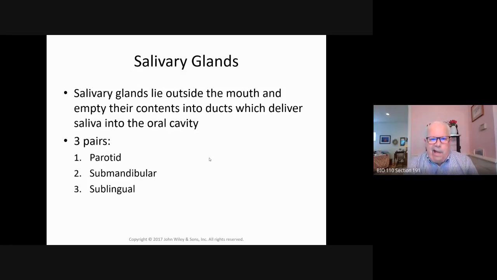Your salivary glands empty their contents into ducts, which deliver saliva into the oral cavity. The 3 pairs of salivary glands in your mouth are parotid, submandibular, and sublingual. What does submandibular mean?